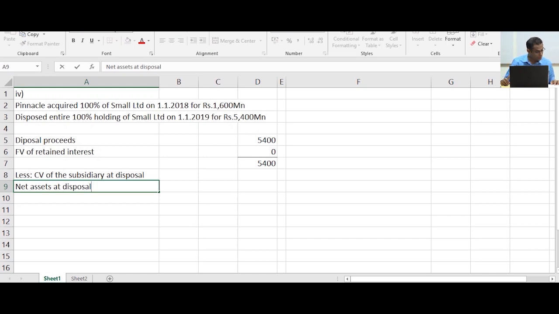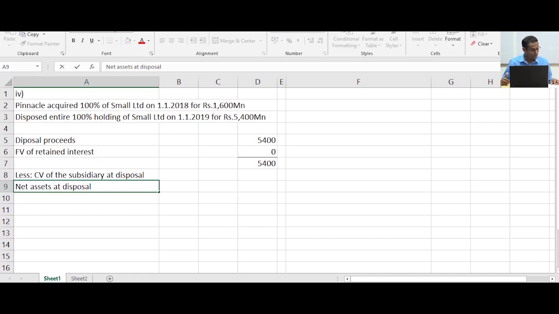Now the net assets consist of equity items. The equity items that Small Limited has are 1,600 share capital that was there at the incorporation itself, plus, by carrying out operations, Small Limited has generated a retained earnings balance of 2,400.